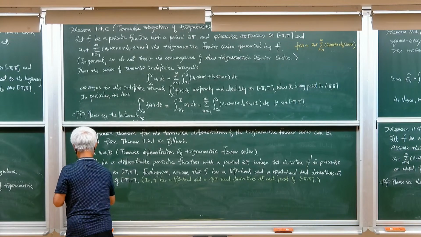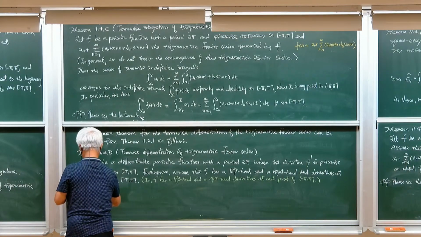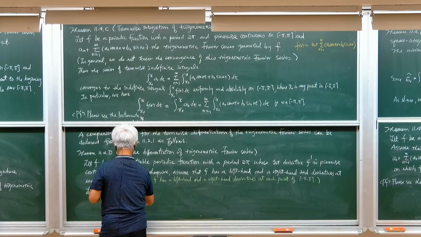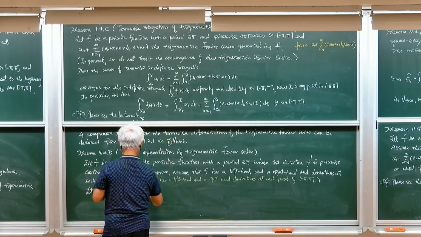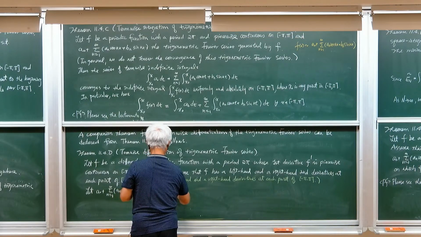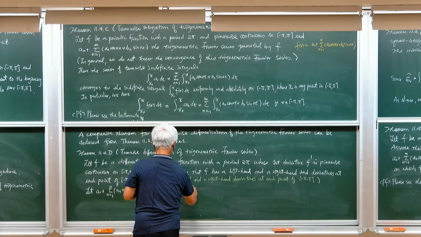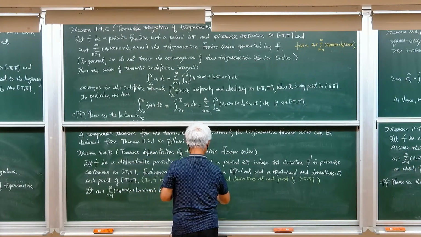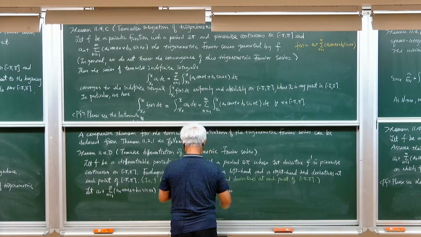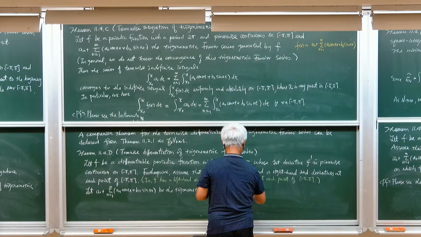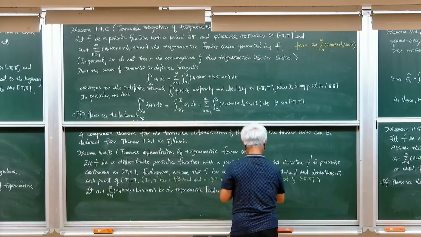Now let a0 plus summation n from 1 to infinity of an cosine nx plus bn sin nx be the trigonometric Fourier series generated by f.